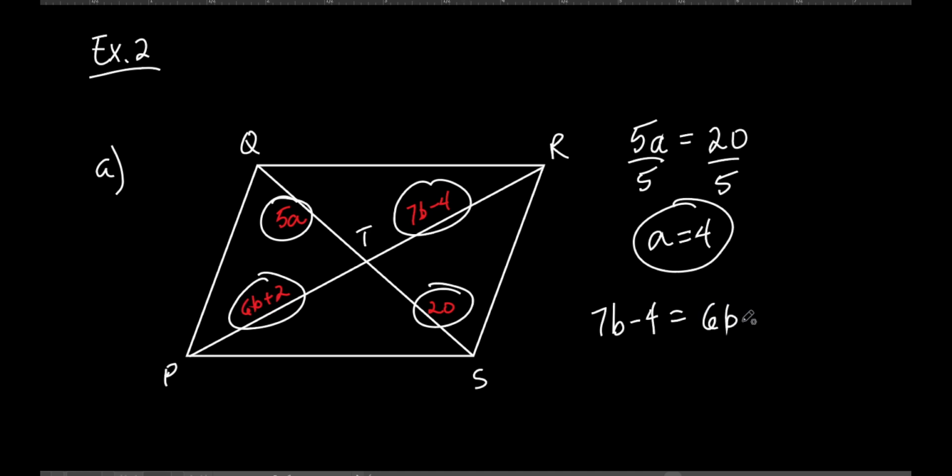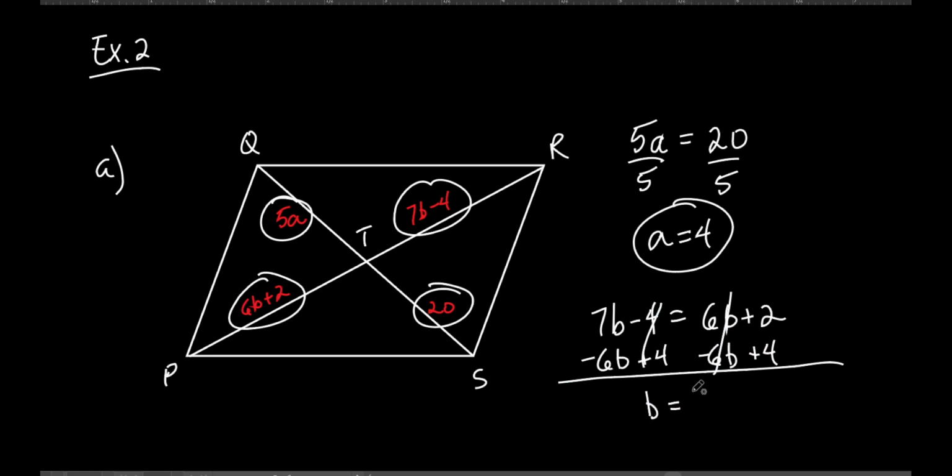Equals 6b plus 2. I just like to put the bigger number on the left so that I can move everything to the left. That's the only reason. So what do we do? Subtract 6b. I'm not going to give any explanations. You should be able to do this already. Add a 4, add a 4. Okay, 4's cancel, 6b's cancel. 7b minus 6b is 1b, or just b. 2 plus 4 is 6, and there you go. You are done with that example. You're finished it.